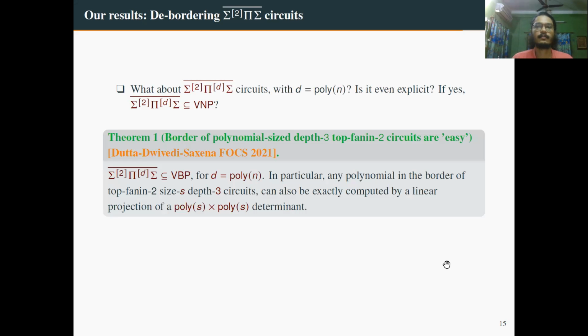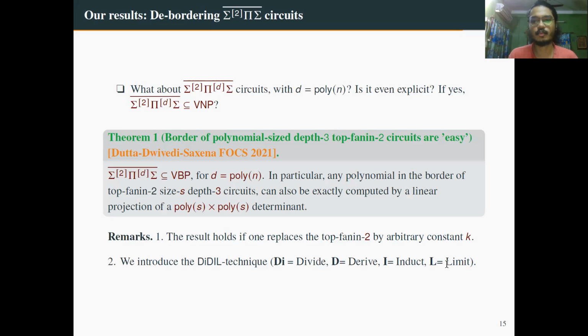And that is exactly what we proved in this paper. So we proved that when d is poly n, then the border of depth 3 fan-in 2 circuits is contained in VVP. This means in particular that any polynomial which is in the border fan-in 2 depth 3 circuits of size s can be exactly computed by a poly s cross poly s determinant, a linear projection of it.